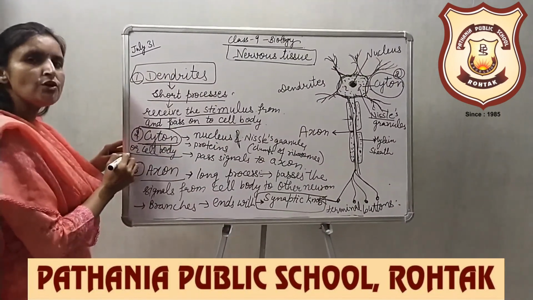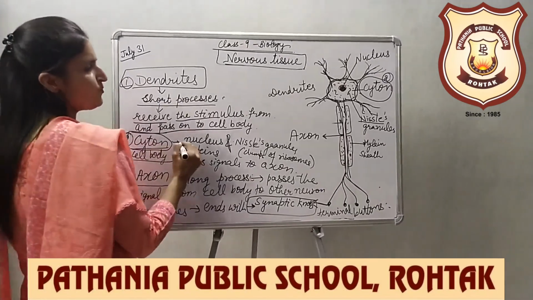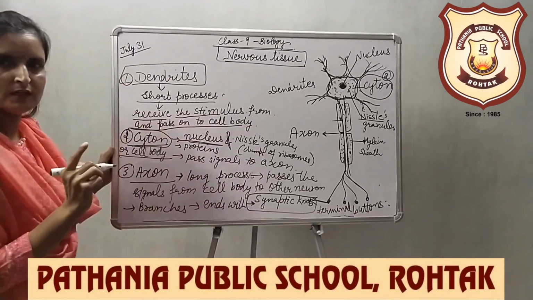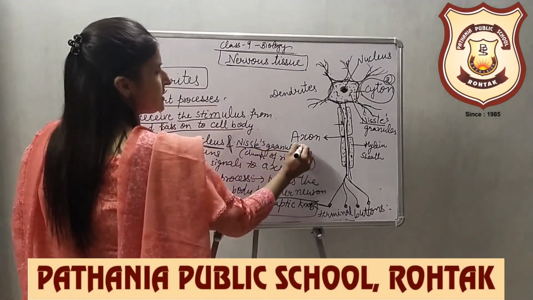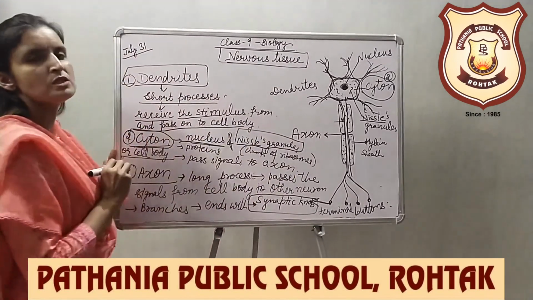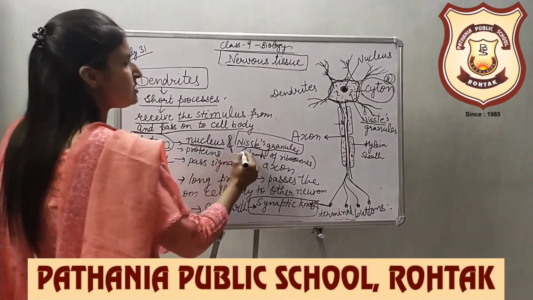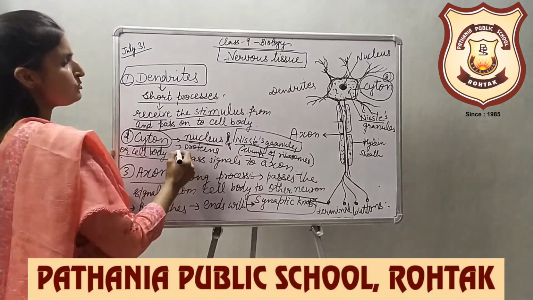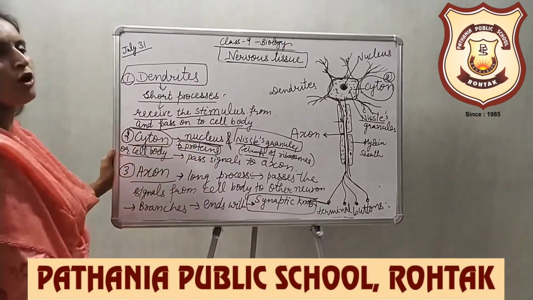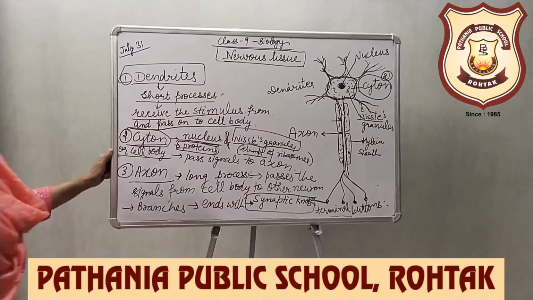The cell body or the cyton of a neuron has a central nucleus and cytoplasm which contains certain Nissl granules. What are these Nissl granules? These are clumps of ribosomes that help in the synthesis of some types of proteins.